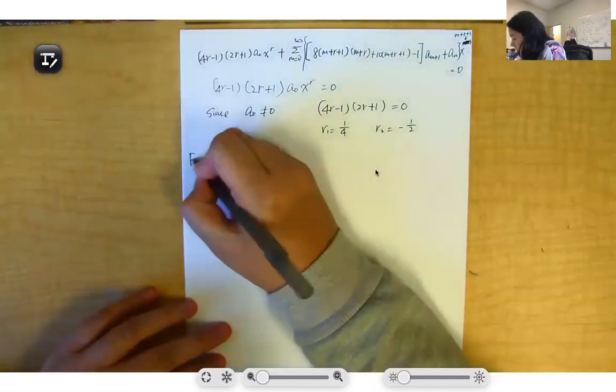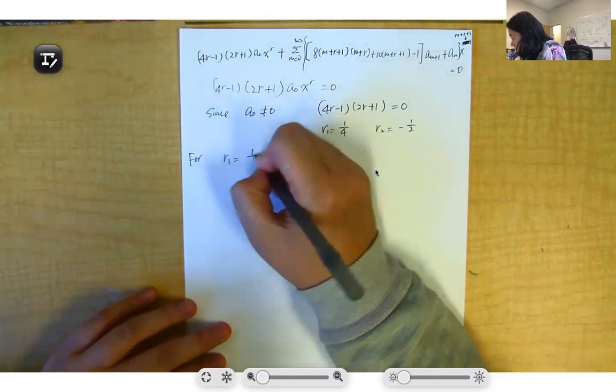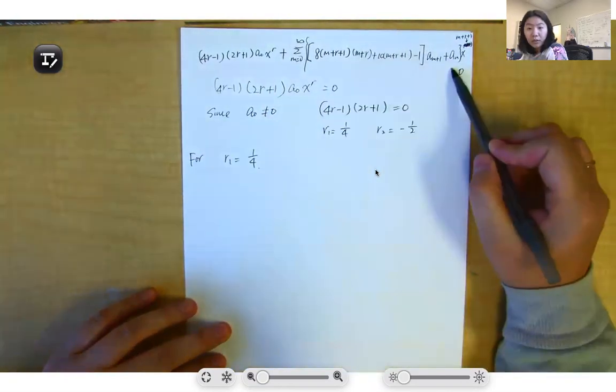So for r1 equals 1 over 4, then this term also needs to be 0.